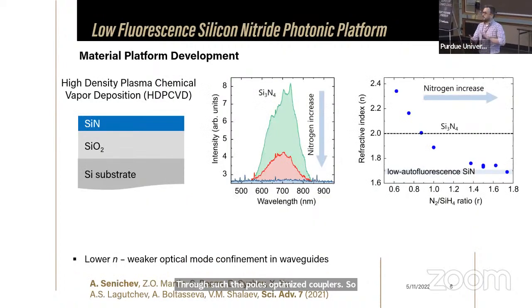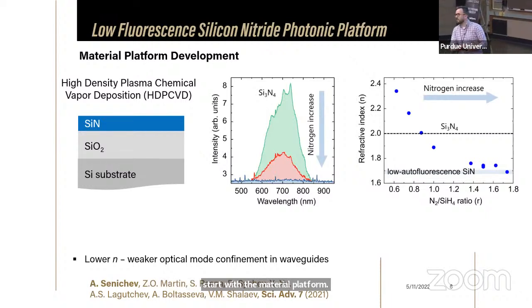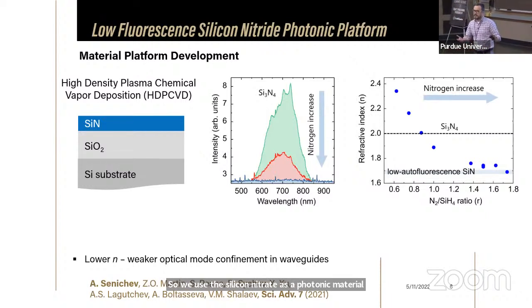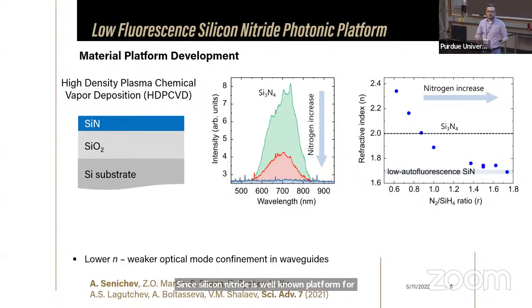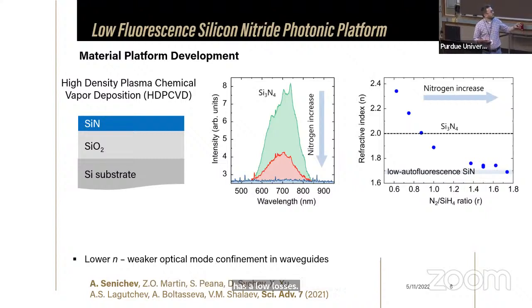So first we start with the material platform. We used silicon nitride as a photonic material platform, since silicon nitride is a well-known platform for photonic integrated circuits, is well developed and has low losses. But in our work, we also used a special type of silicon nitride.